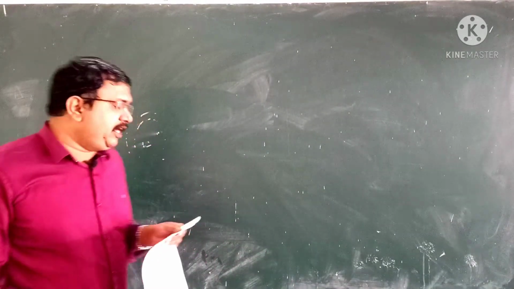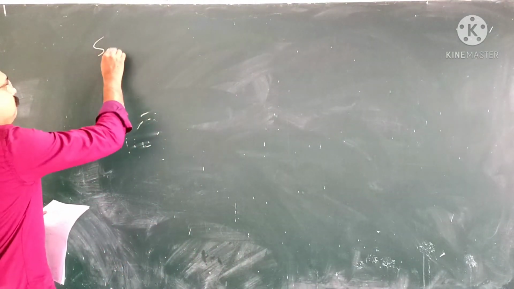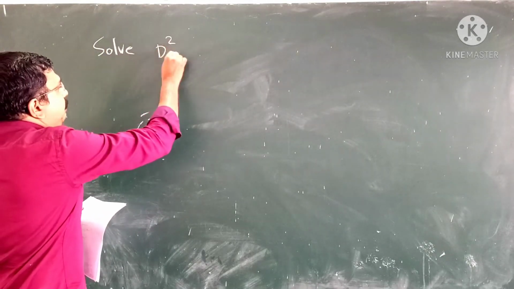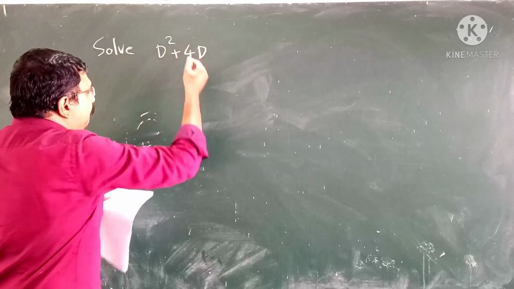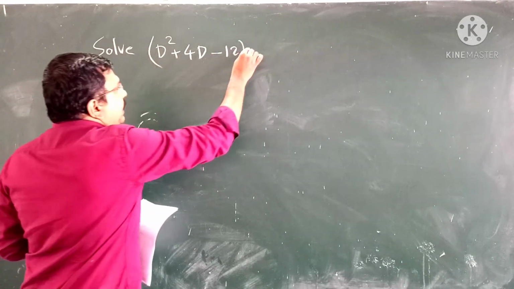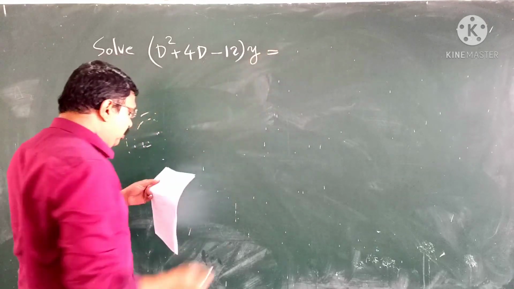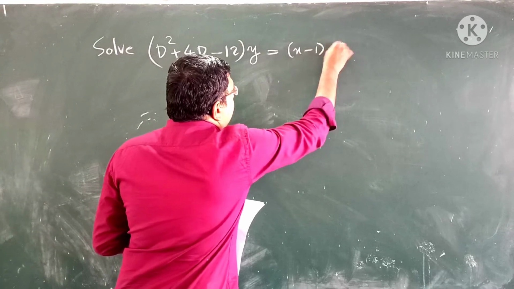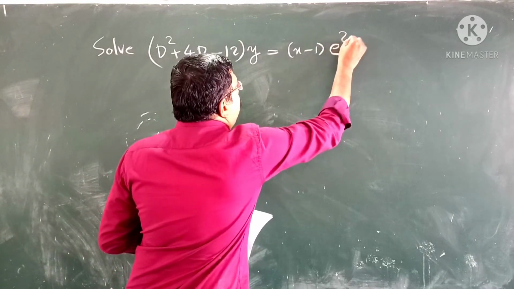Our next question is solve (D square plus 4D minus 12) y equal to (x minus 1) into e raised to 2x.